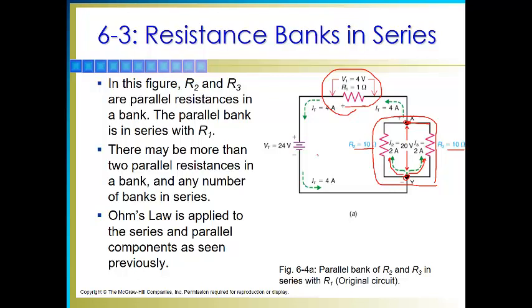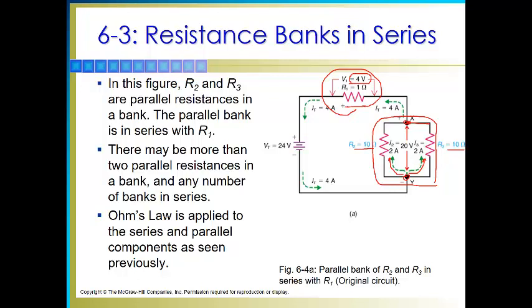The voltage will be split, because remember, when you have series components, the sum of the voltages across all the components must be the total voltage, right? So if we already know that the current is 4 amps, we can calculate the voltage across this resistor. 4 amps times the resistance of 1 ohm gives 4 volts across this resistor right here.